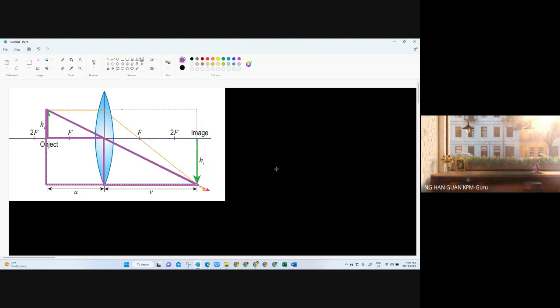From here you can see that they share the same gradients, right? As you know from mathematics, when triangles share the same gradients, something like this, it means AB is actually equal to AB.